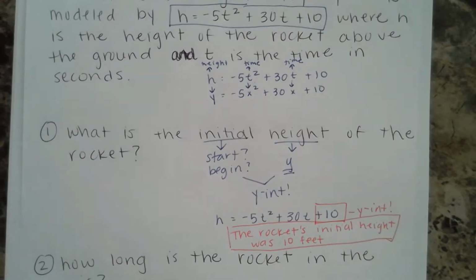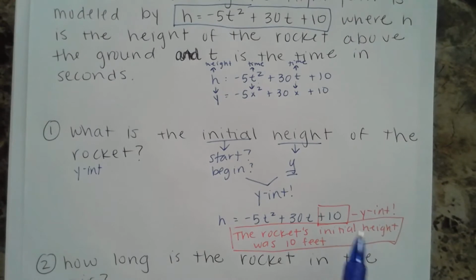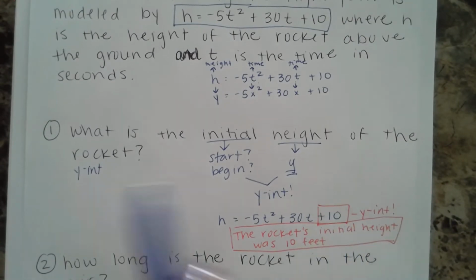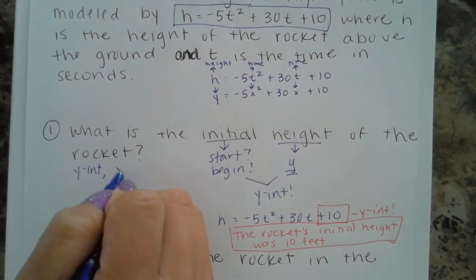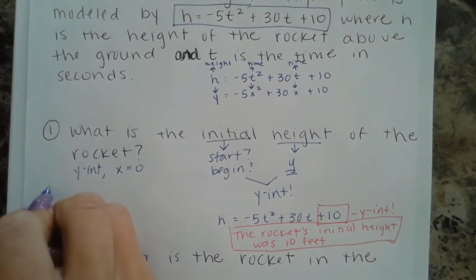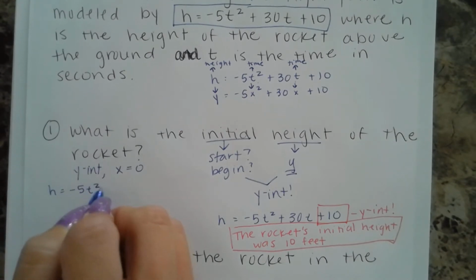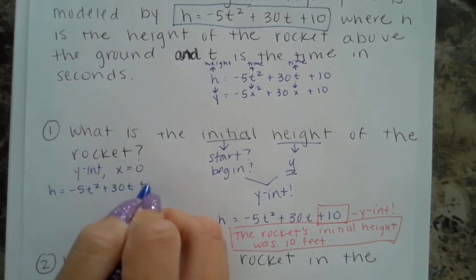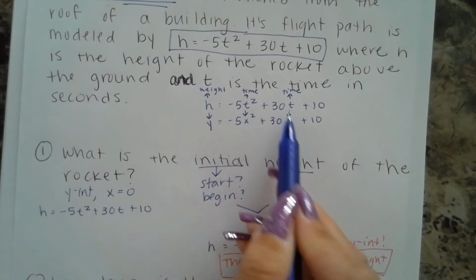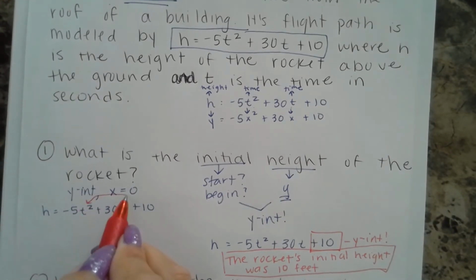Like I showed you in our last video, if we forget that it's our c value, when we're looking for our y-intercept, we always set x equal to 0. Taking our equation, h equals -5t squared plus 30t plus 10, and knowing that t means x, we plug 0 in for t.